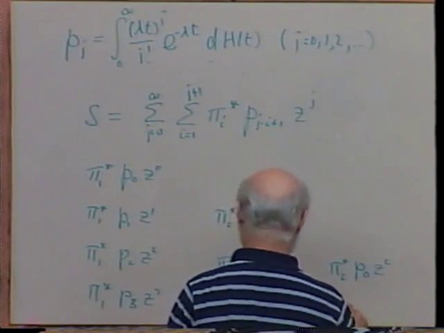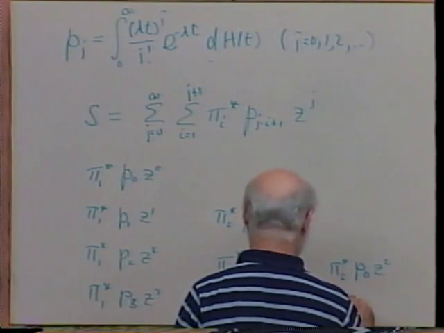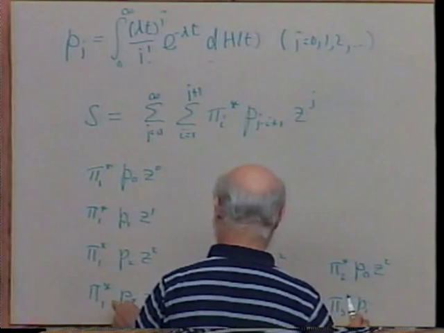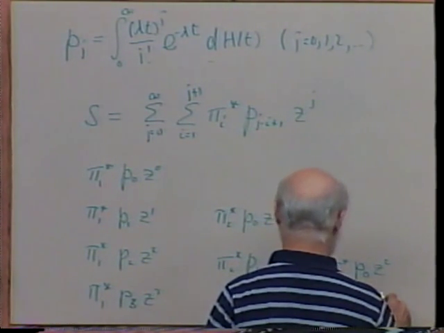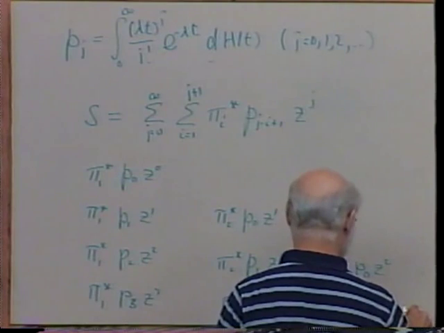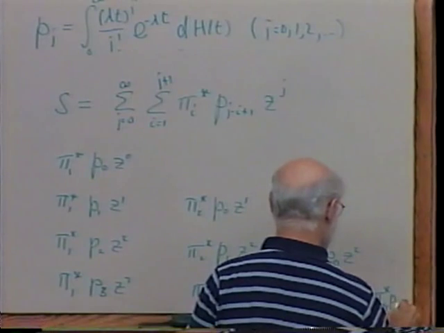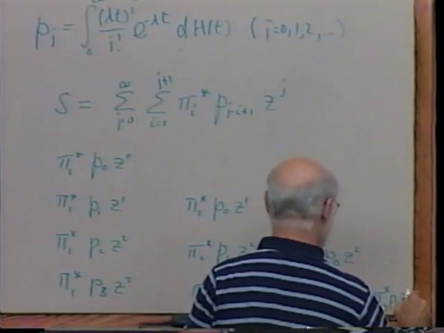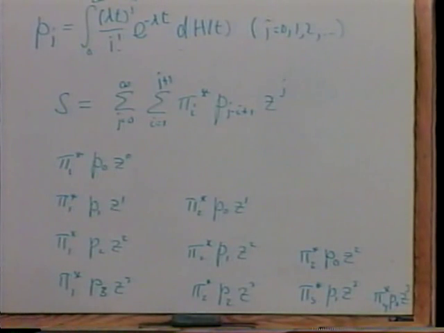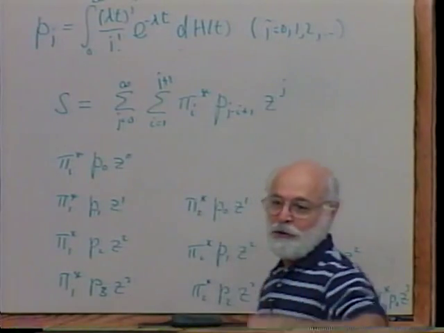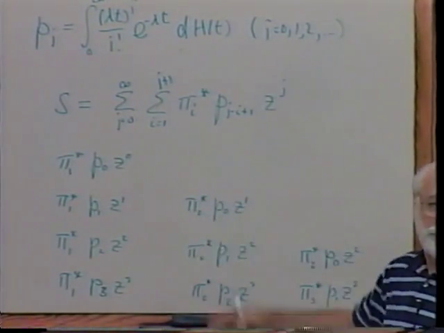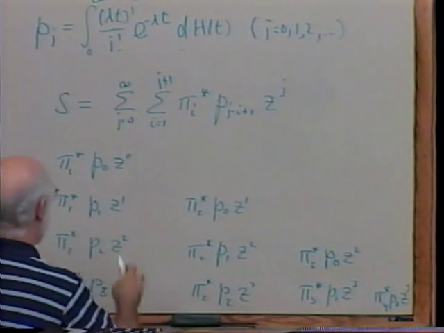Then pi 3 star p1 z cubed, and then finally pi 4 star p0 z cubed. So you can see exactly what's happening. Okay, so I started off by summing this way, so now of course, mathematics being very contrary in nature, whatever it says to do, you do the opposite. So now I'm going to sum down this way. Okay, so let's look at what I have here.